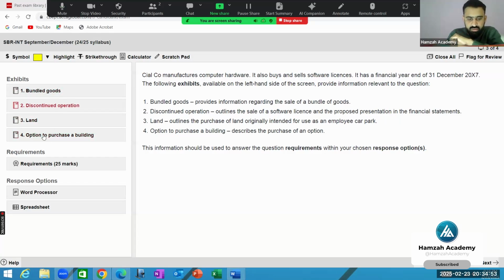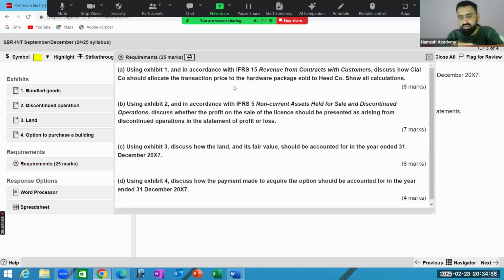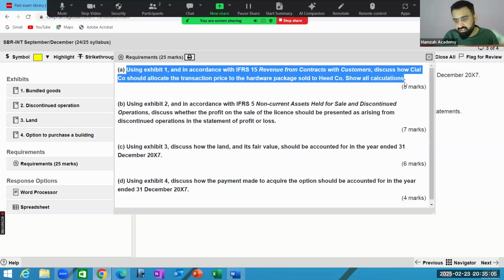Now, just read the requirement. First, we will do exhibit 1, bundle of goods. And the requirement relating to the first exhibit is: using exhibit 1 and in accordance with IFRS 15, Revenue from Contracts with Customers, discuss how C company should allocate the transaction price to the hardware package sold to Heat company, and show all calculation.